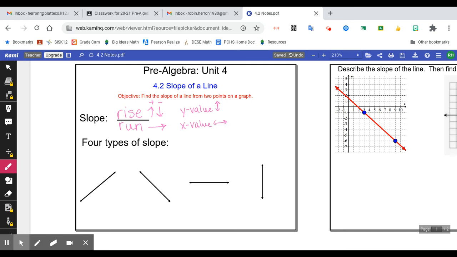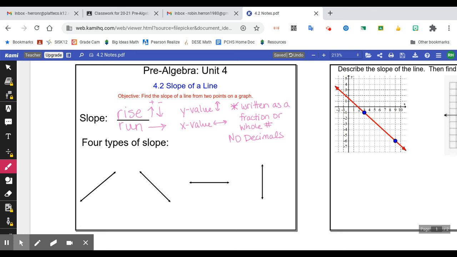Couple of things about slope as an actual number. It always, always, always has to be written as a fraction or a whole number. We cannot ever write our slope in our equations as a decimal or a mixed number because we won't know what to do for the rise and run part.